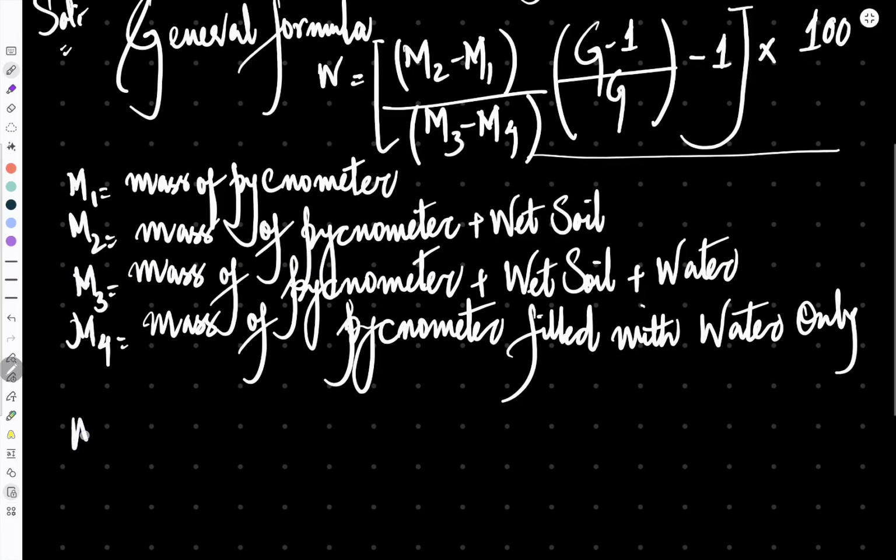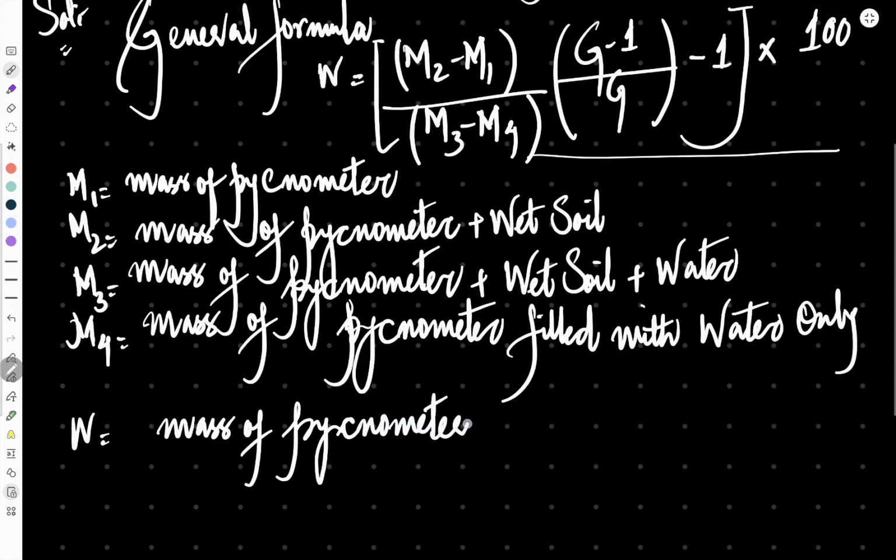Water content: M2 minus M1. M2 is the mass of pycnometer plus wet soil. I would have directly substituted the values, but I had to show you students something over here. We have to subtract the mass of pycnometer, M1, from this.